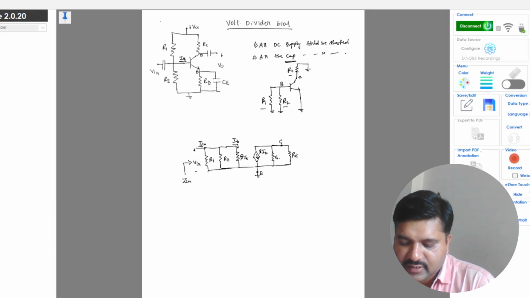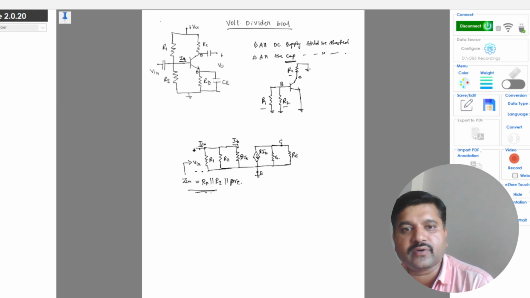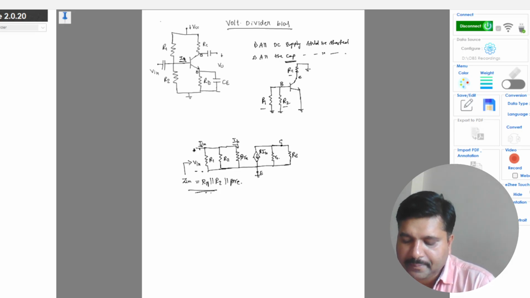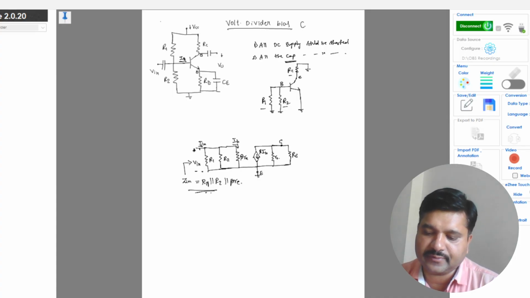When we see the impedance between these two terminals, that means the input terminal, this being positive and the negative of the Vin terminal, we have R1 parallel with R2 parallel with beta Re. So this itself will be the input impedance for the voltage divider bias common emitter amplifier.